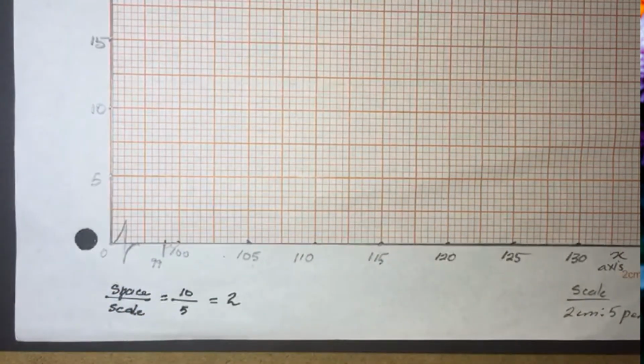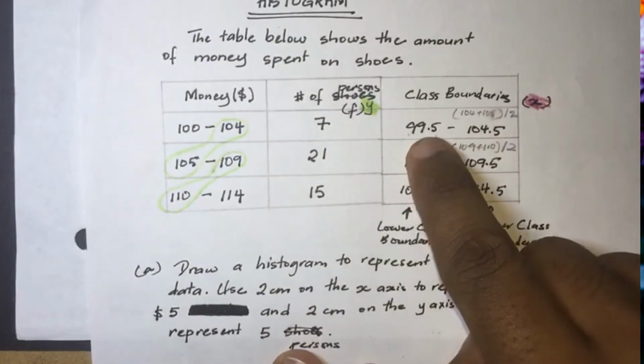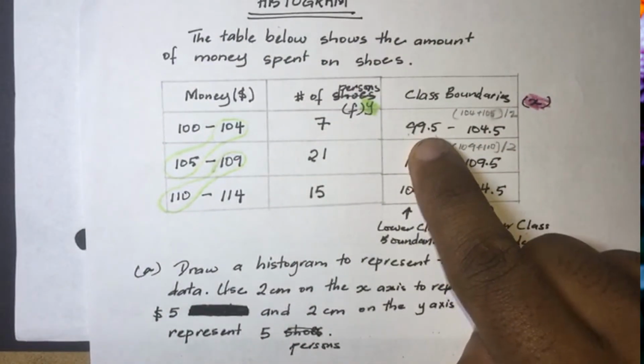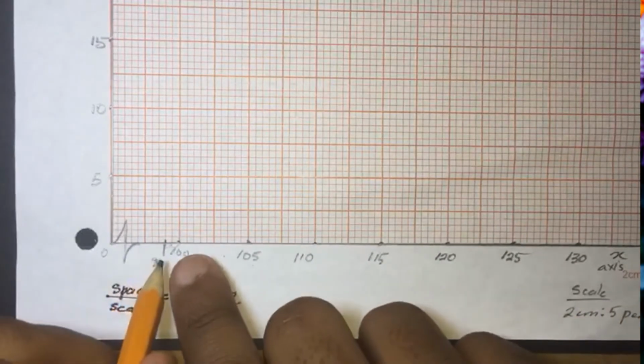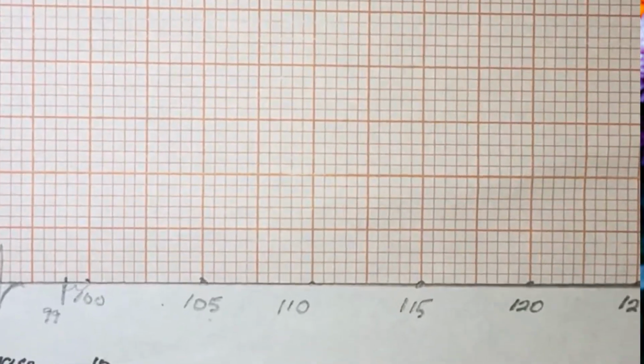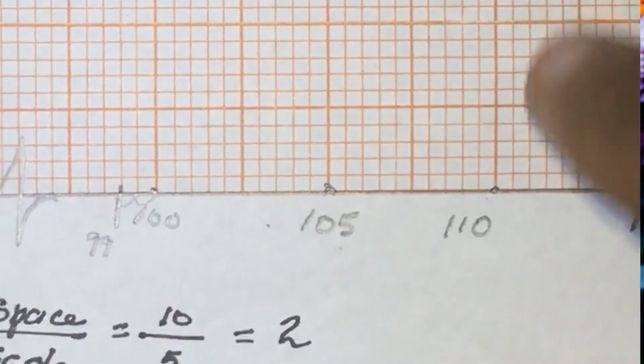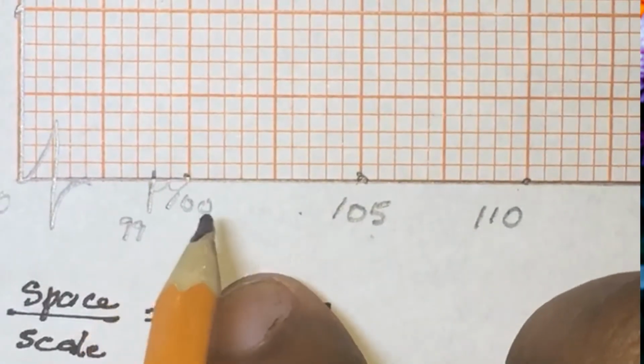Now, on my histogram frequency table, I don't want 99. I want 99.5. And 99.5 is halfway between 99 and 100. Let's see what that looks like a little bit closer. So there it is, 99 and 100.